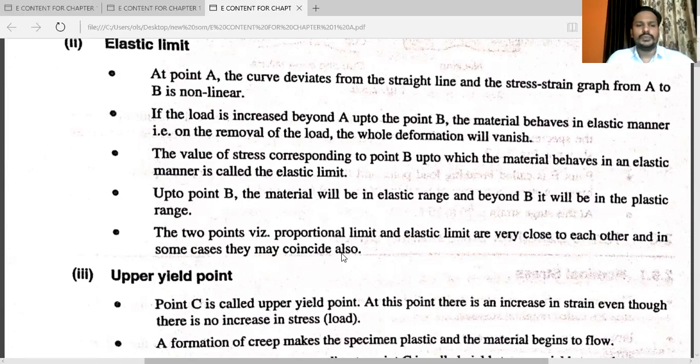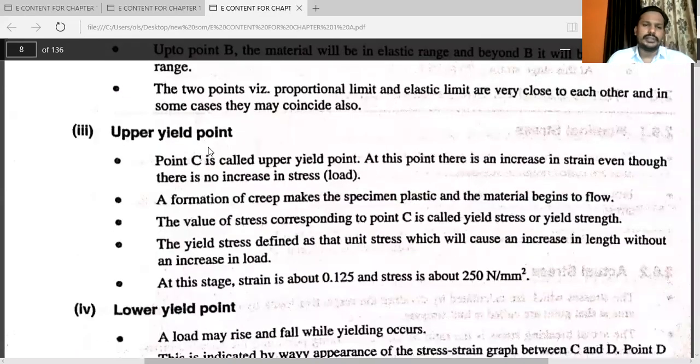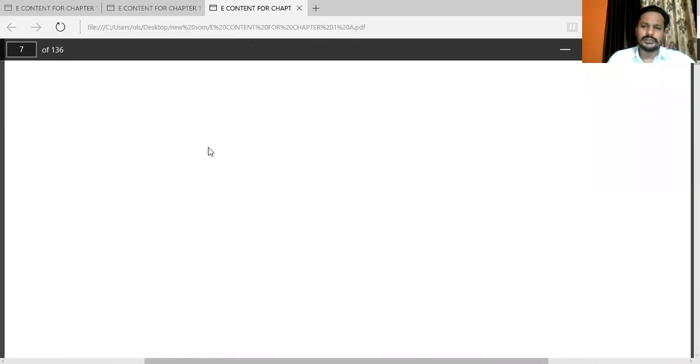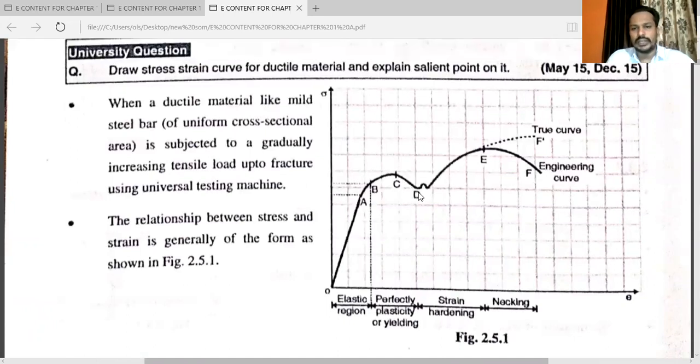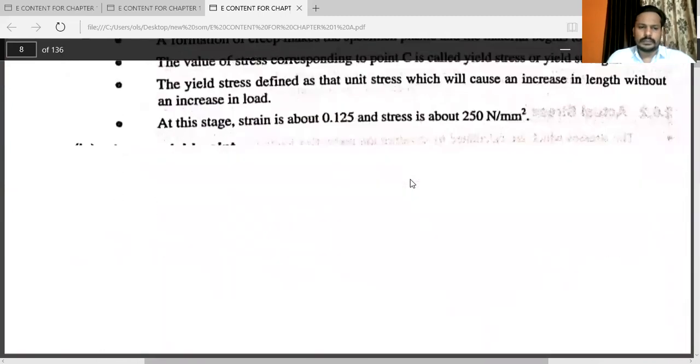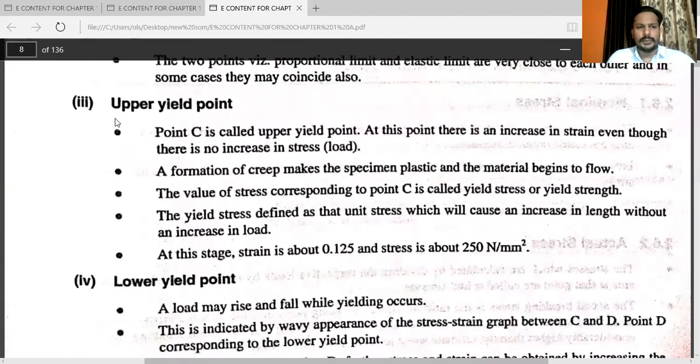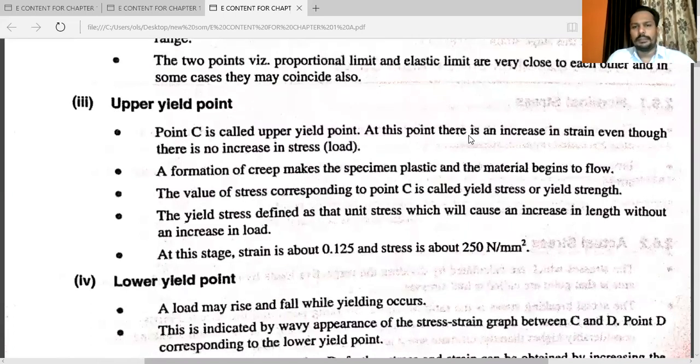See upper yield point. In the diagram, you can see this is your point C, that is the upper yield point. This is your point D, that is the lower yield point. Point C is called the upper yield point. At this point, there is an increase in strain, even though there is no increase in stress.